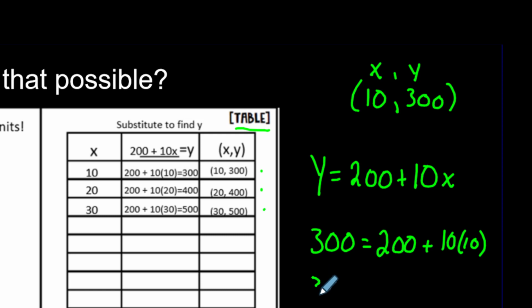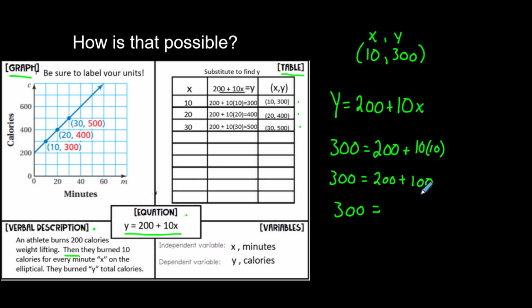This side's already simplified. 300 equals 200 plus 10 times 10 is 100. And 300 equals 200 plus 100 is 300. So because our equation is balanced, we would say, yes, this ordered pair is a solution to our equation.